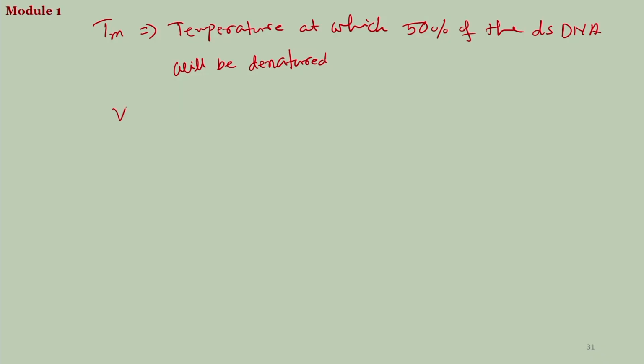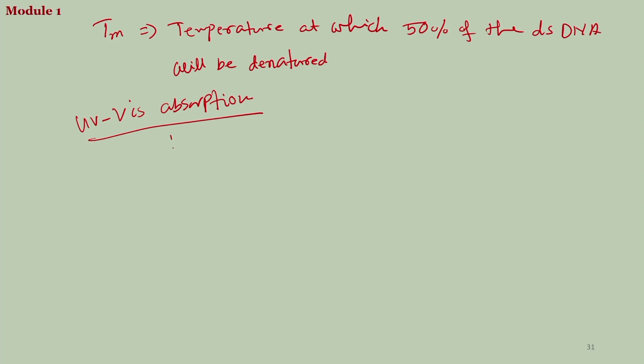So if you do a UV visible absorption study, this is one of the techniques which is very sensitive, which requires a very small amount of sample to give you a very good signal.